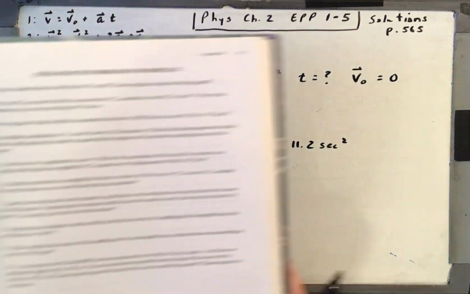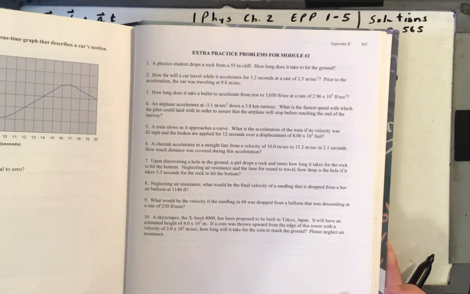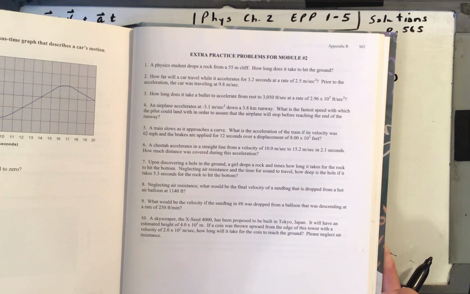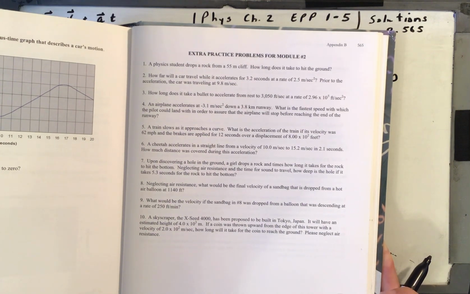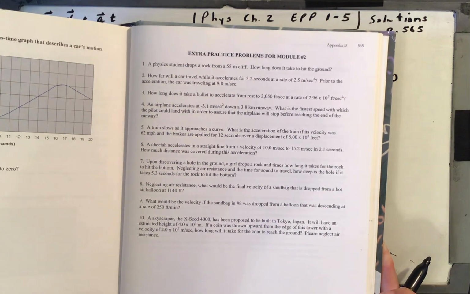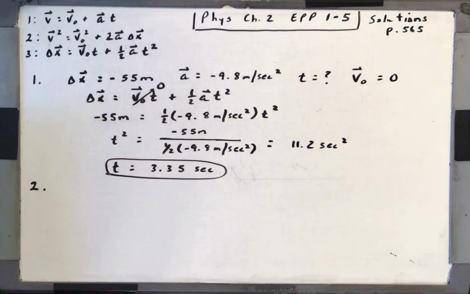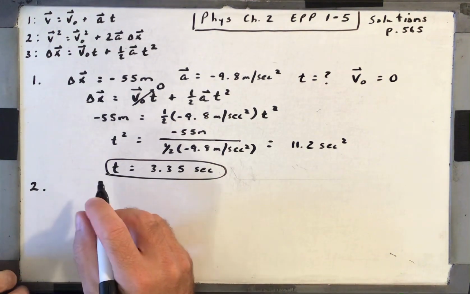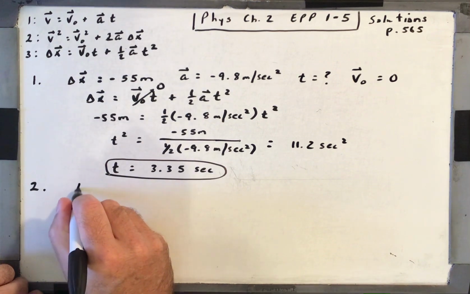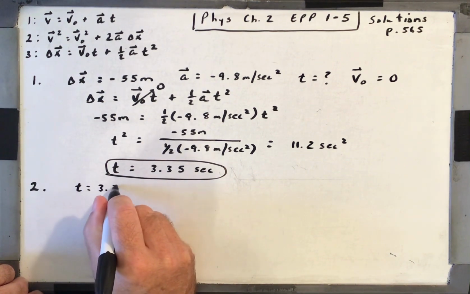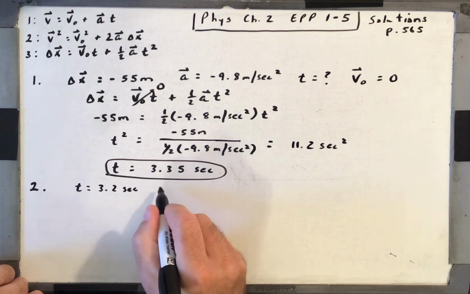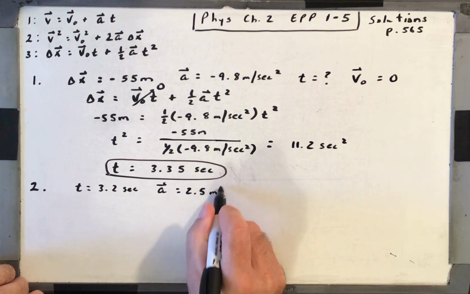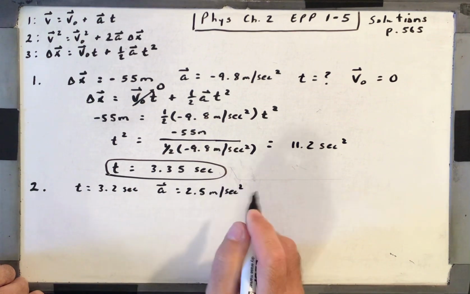So number 2 says, how far will a car travel while it accelerates for 3.2 seconds at a rate of 2.5 meters per second squared? Prior to the acceleration, the car was traveling at 9.8 meters per second. All right, in this case, let's just write down what we know. We know that time is 3.2 seconds. Acceleration is 2.5 meters per second squared.